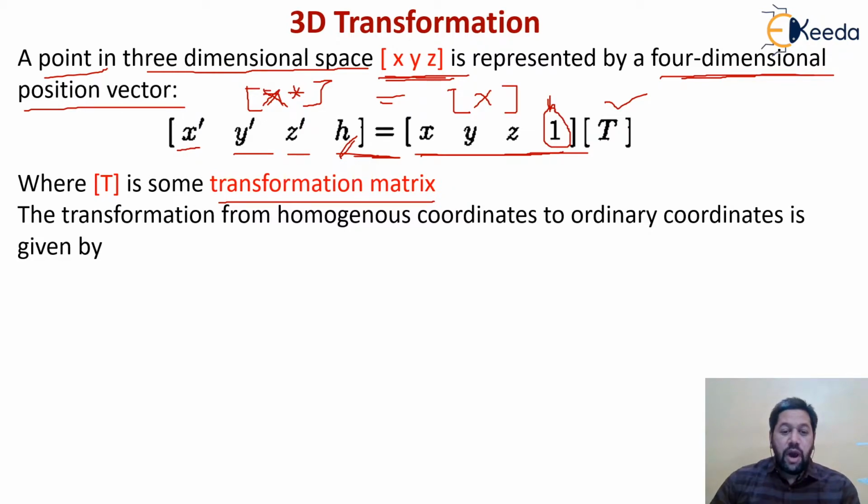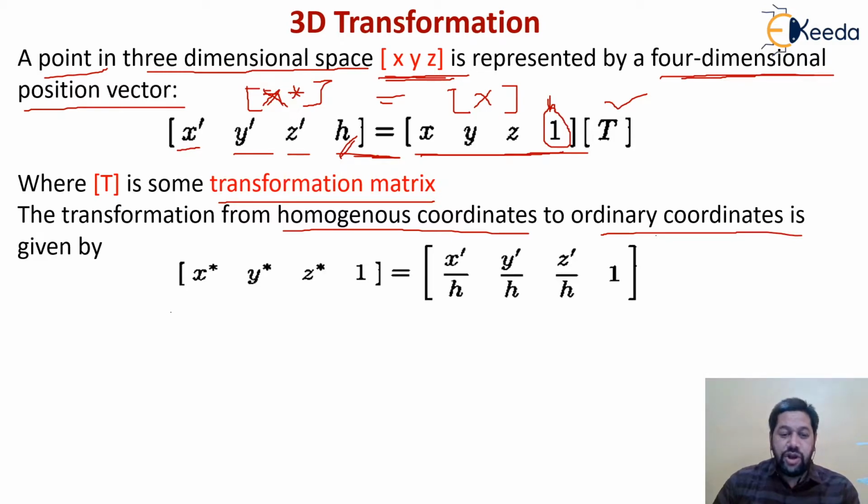So how is the normal x, y, z value transformed from the homogeneous coordinate to the ordinary coordinate system? Generally, my x star value is x dash upon h. Obviously the value of h is equal to 1. So x star is equal to x dash upon h, y star is equal to y dash upon h, z star is equal to z dash upon h, and this h value is always 1.